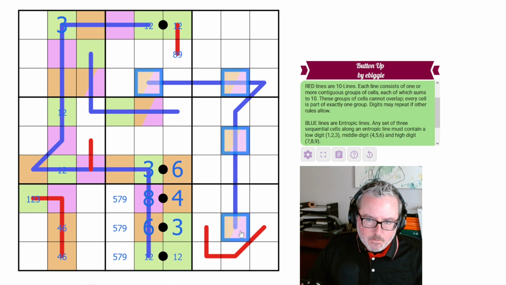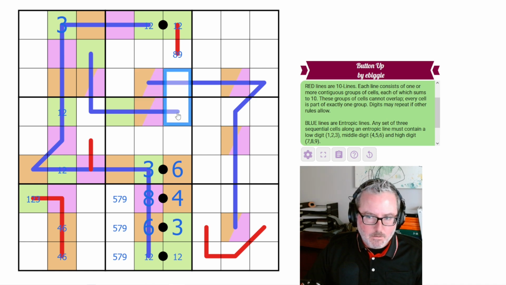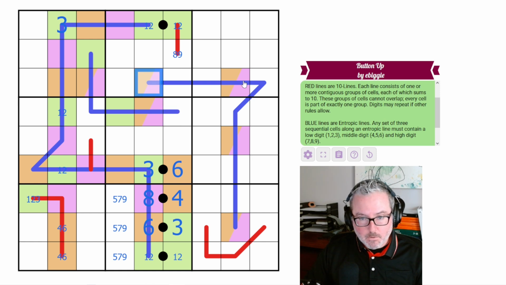These two lines cannot have the same coloration in this, so these are not all purple. So one of these is orange, one of these is purple. Because if these were all purple, we'd be forced to put 2 mids here, or oranges, because purple's already taken.